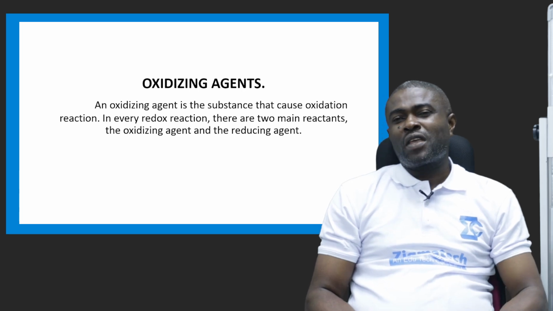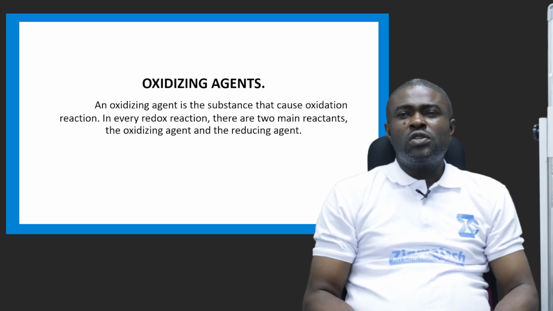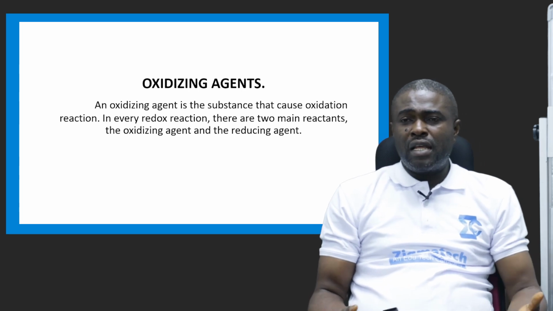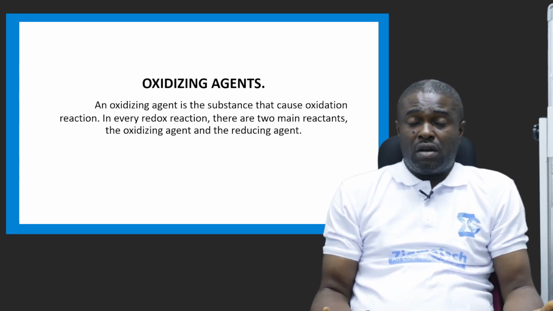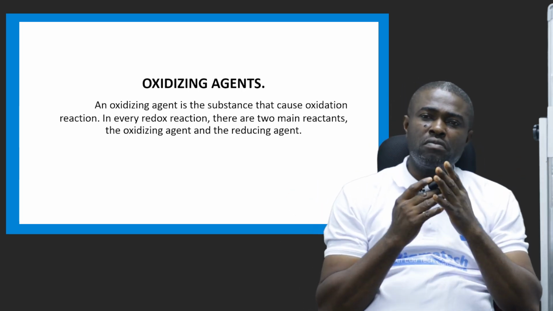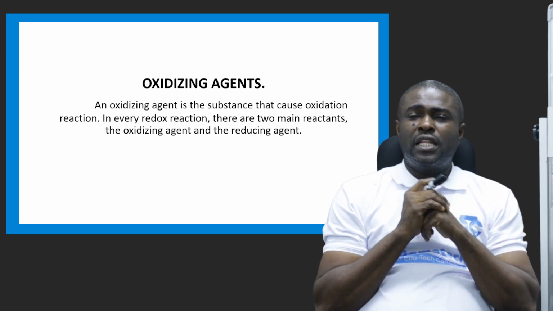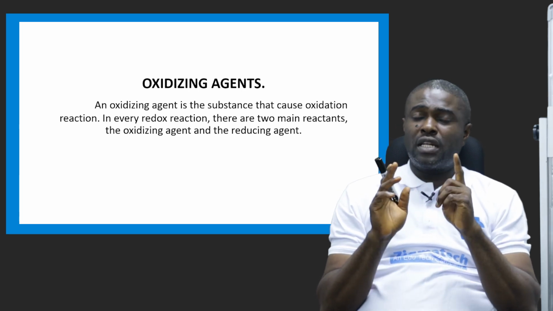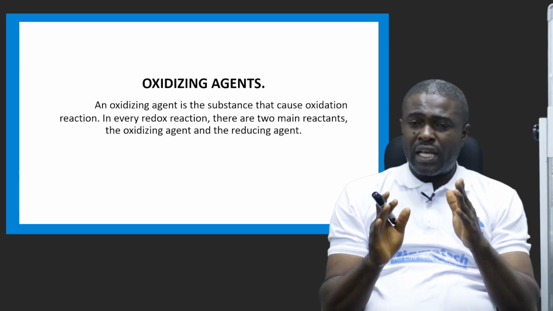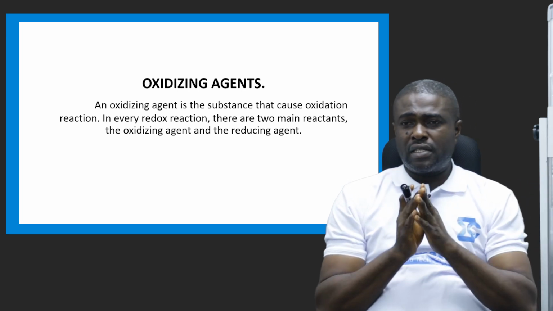So today, we are going to go deeper to know these substances, these elements, these compounds, because oxidizing agents and reducing agents can be compounds and can also be elements. Note the first point I made, that in a redox equation you will always find an oxidizing agent or reducing agent at the left-hand side, which are the reactants.